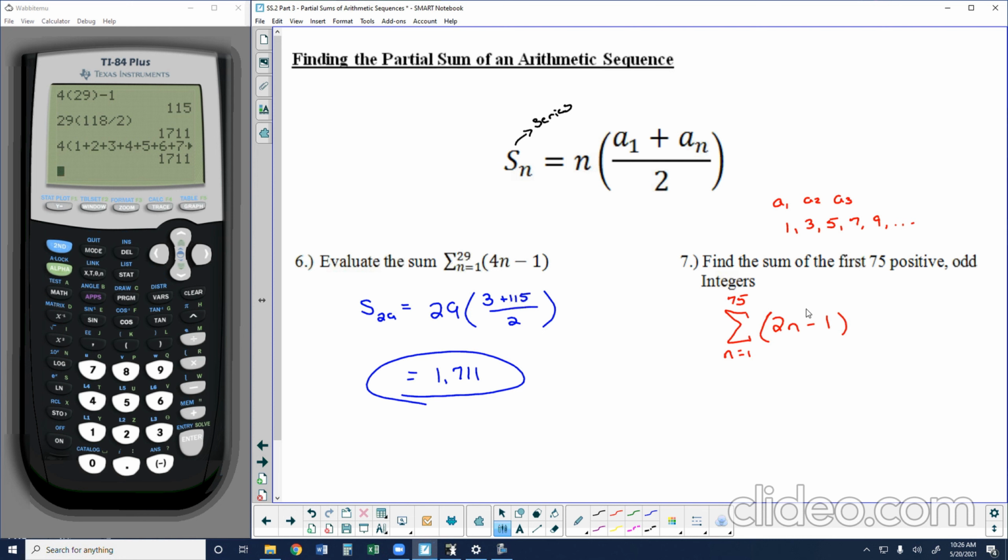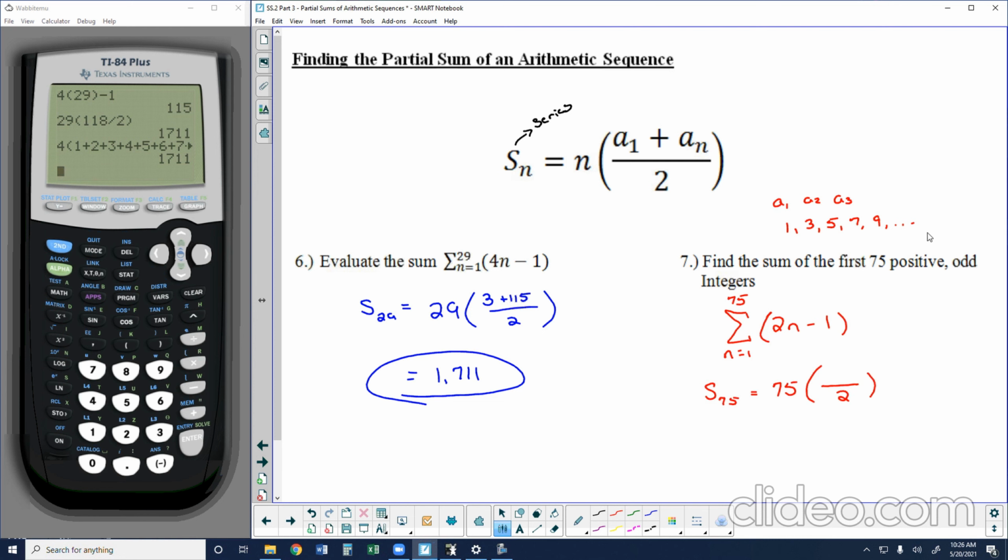Now what I can do is take this expression and evaluate it. Instead of finding all of the 75 terms, I can evaluate it using the series notation, the partial sum notation. So the sum of the first 75 terms is going to be 75 times the average of the first and the last terms.